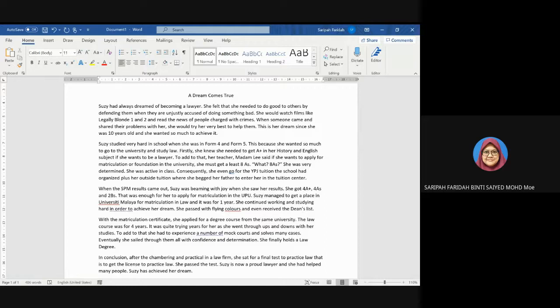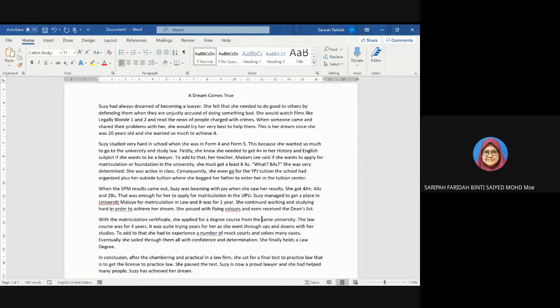And then communicative achievement, the reader does not stop reading, it just flows. She would watch films like Legally Blonde 1 and 2 and read the news of people charged with crimes. When someone came and shared their problems with her, she would try. So there is no stop. Nicely. So communicative achievement is achieved.